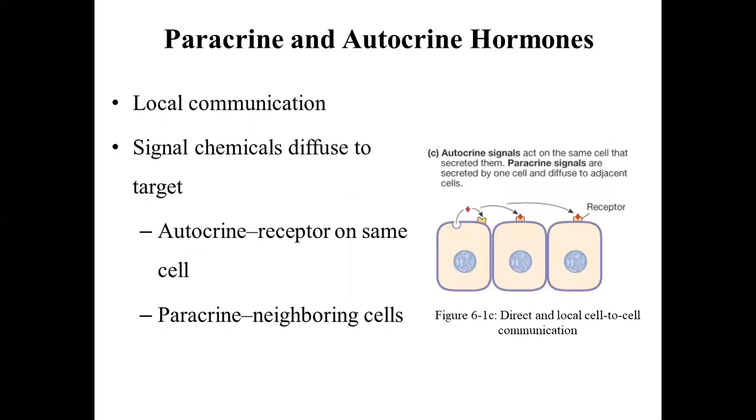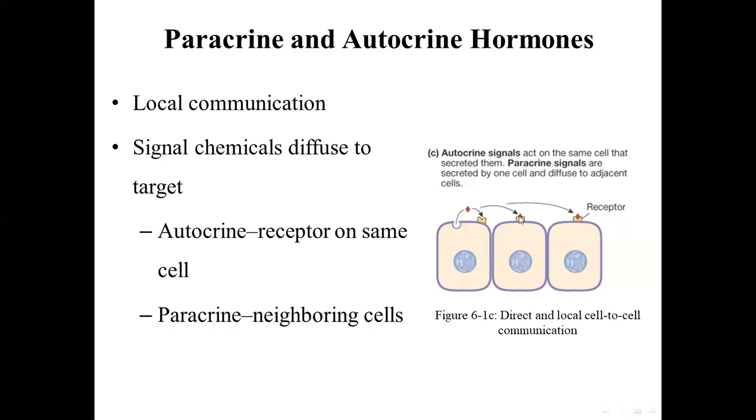So paracrine and autocrine hormones are local communication. An autocrine signal acts on the same cell that secreted it. Paracrine signals are secreted by one cell and diffuse into adjacent cells. This shows autocrine secretion of a substance acting on the same cell, so it has a receptor for its own hormone.